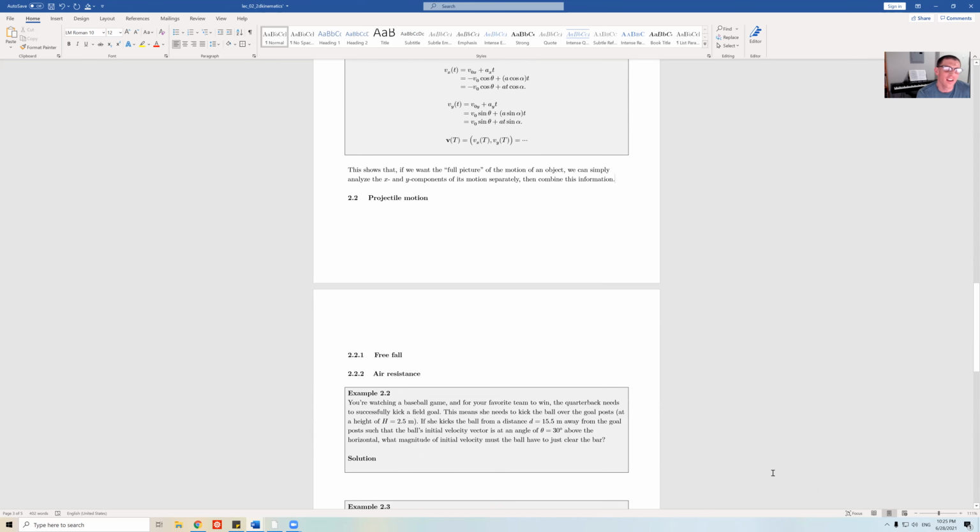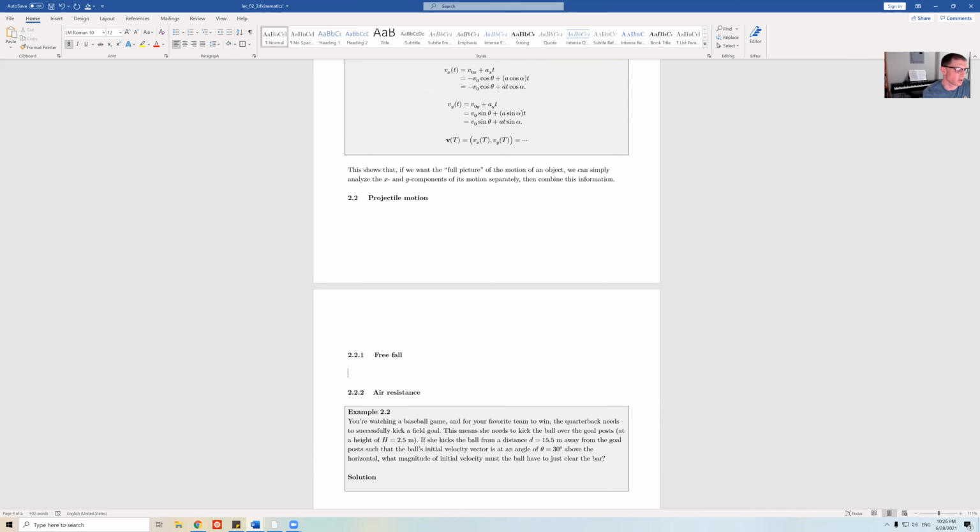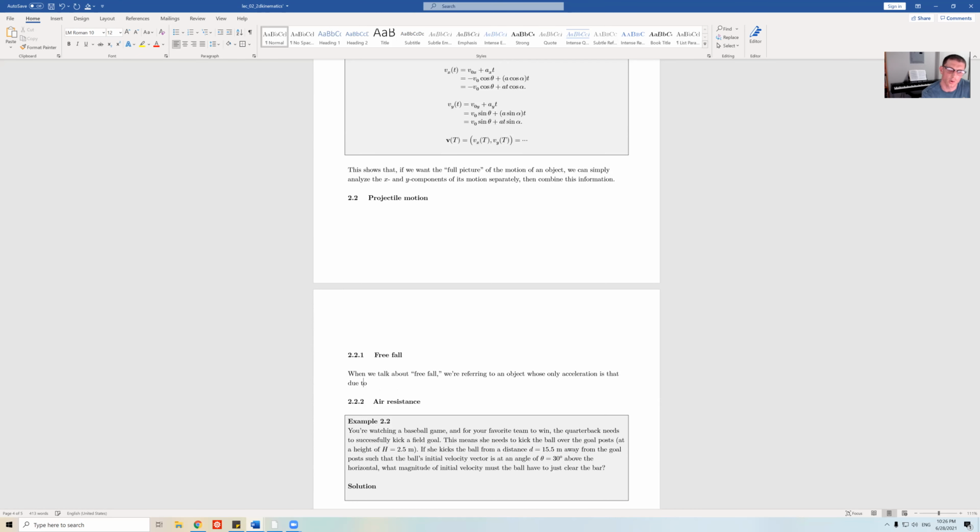Okay, so let's talk about freefall, because this is an important subtopic. I'm going to put some words down in the document here. When we talk about freefall, we're referring to an object whose only acceleration is that due to gravity.